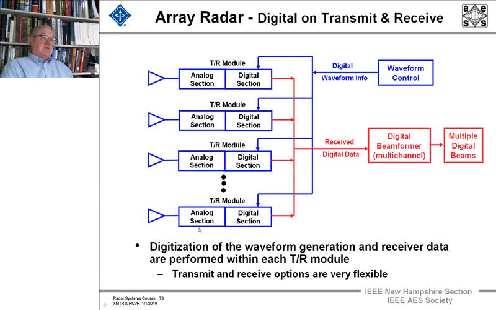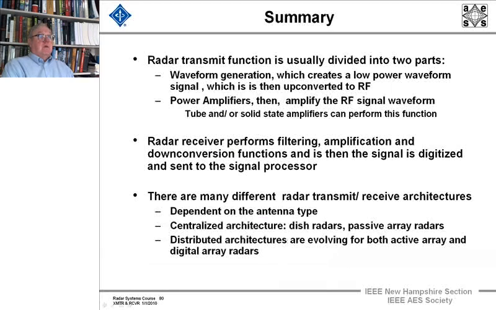We'll have an analog section up front, and we digitize right at the RF, or have an appropriate mixer down so that we digitize and then go to make the digital beam forming here. So digitization of the waveform generator and the receiver data are performed within each module, and this makes our transmit-receive options very, very flexible.